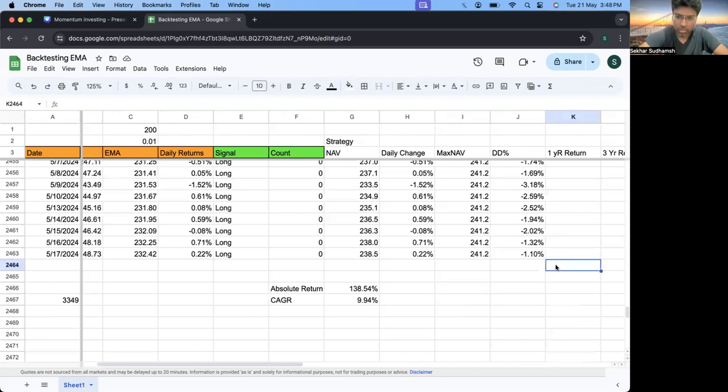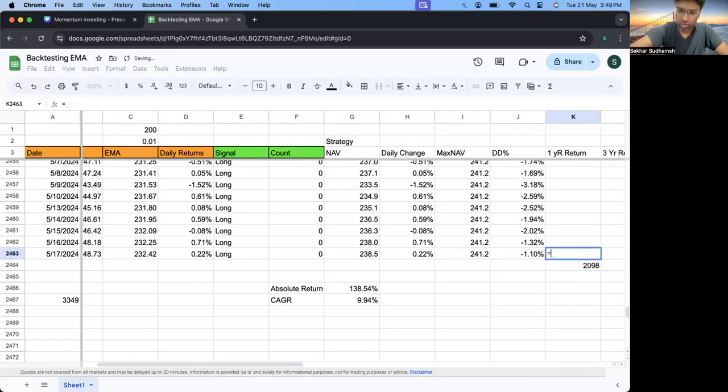So for rolling returns, this is 3349 minus 365. The way I calculate rolling returns is, I have 2463 records, and I'm going to subtract 365 days.